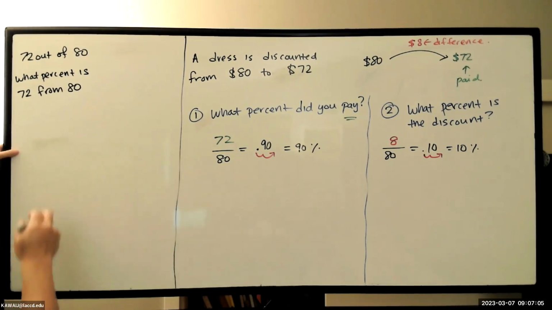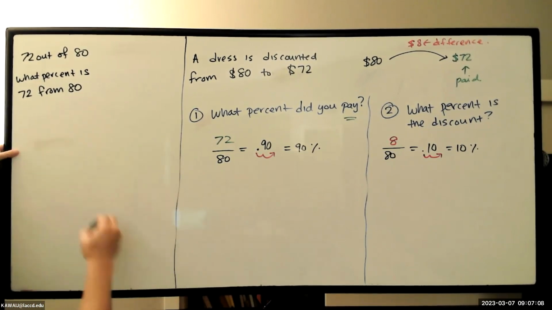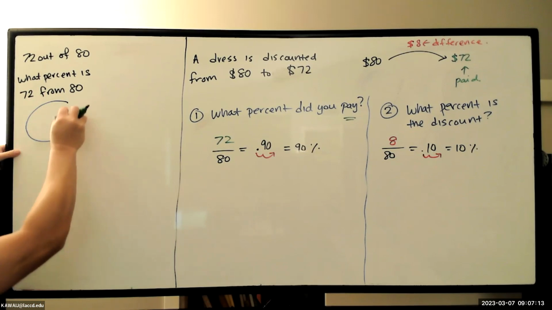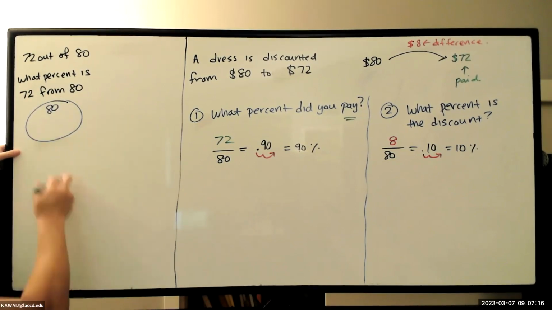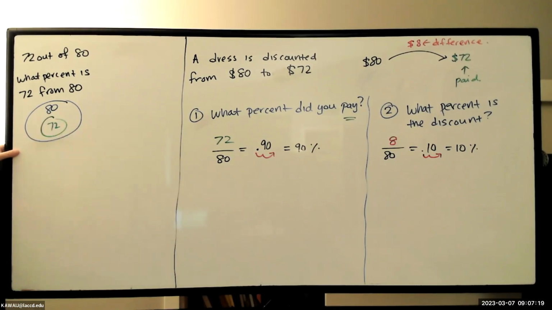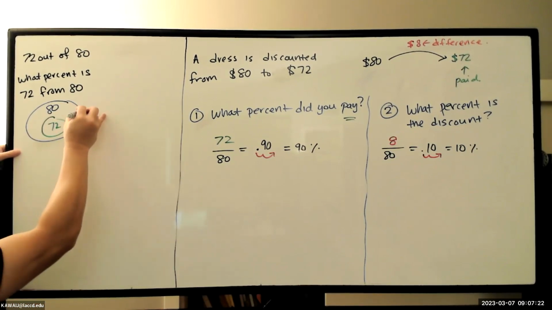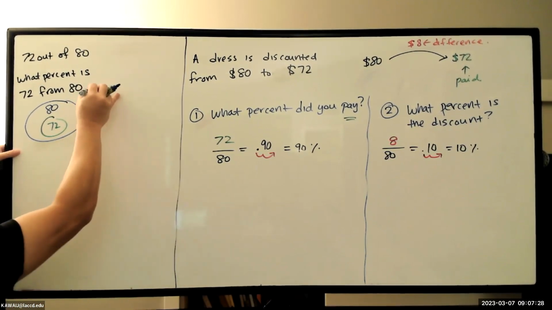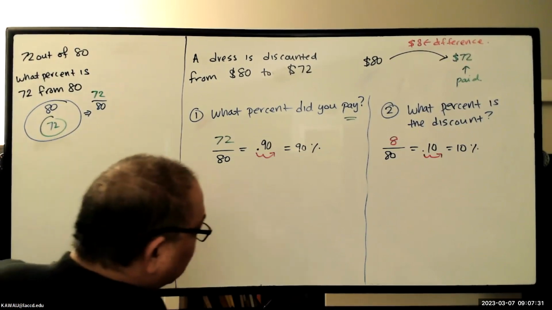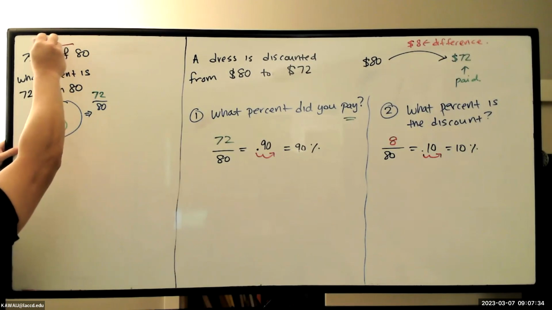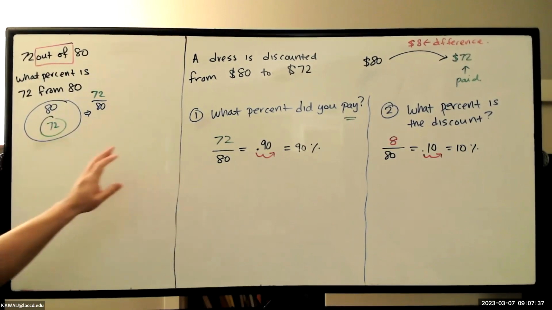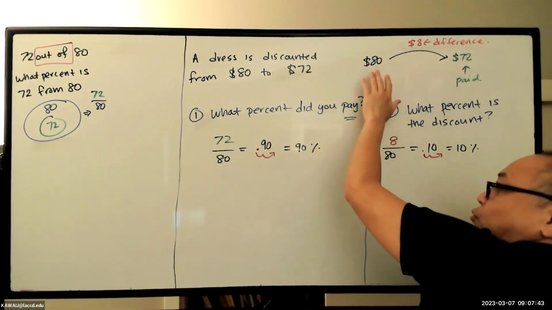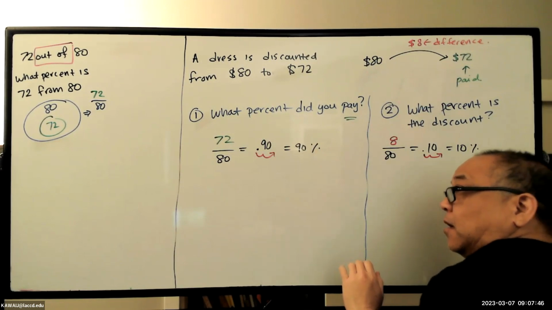They infer this idea of I've got 80 things, and from the inside, I have 72. So when they use the word out of, you kind of know that they're doing the big number over where I ended up over what I started with.